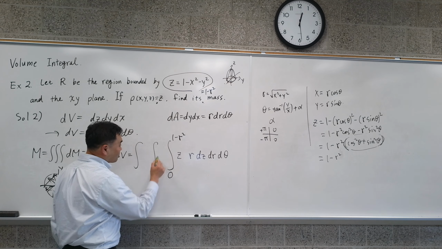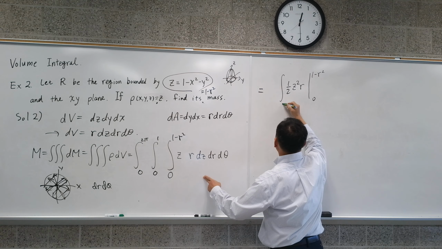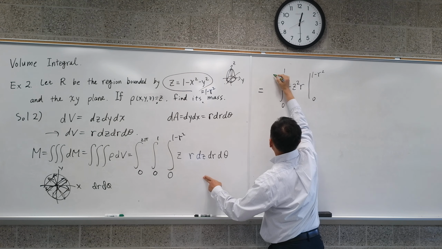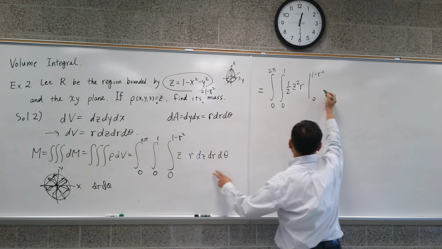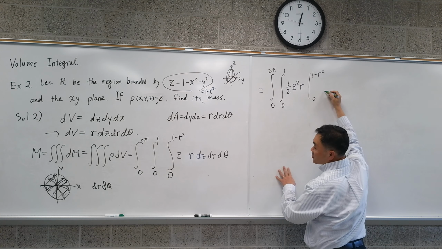Now let's see if this is any better. This is going to be 1/2 z squared r, where we plug in 1 minus r squared and 0, integrated from r equals 0 to 1 and theta from 0 to 2 pi, dr d theta.